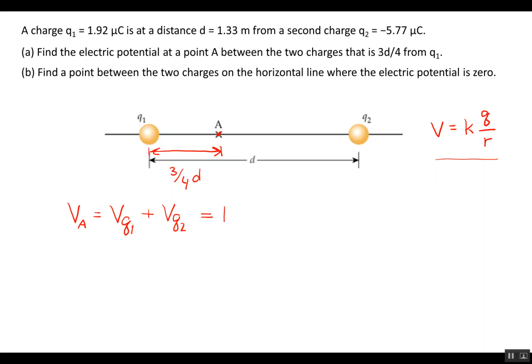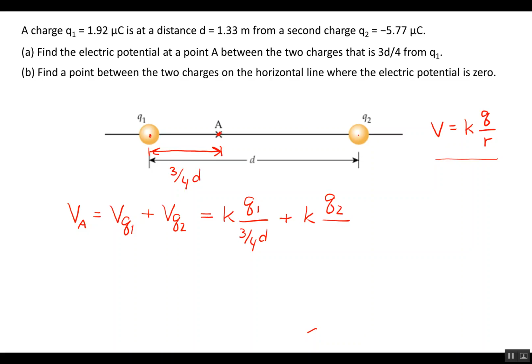So that will equal K Q1 over the distance from charge 1 to A, which is 3/4 D, plus K Q2 over the distance from Q2 to A.